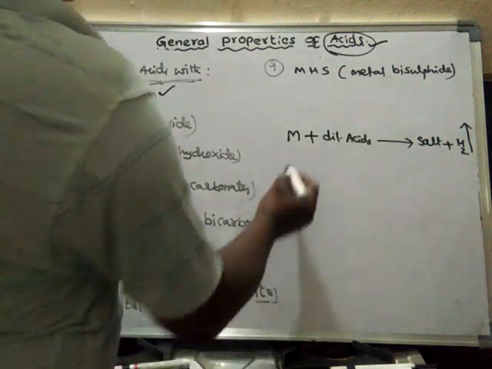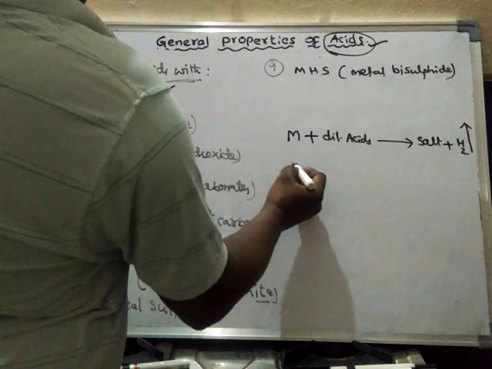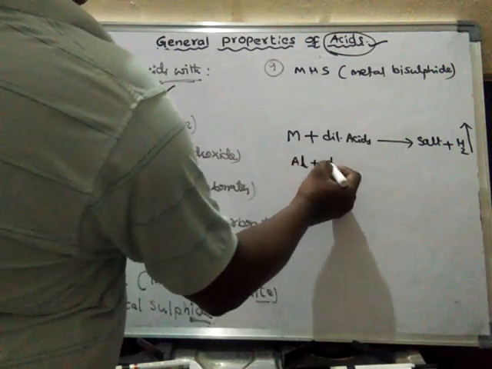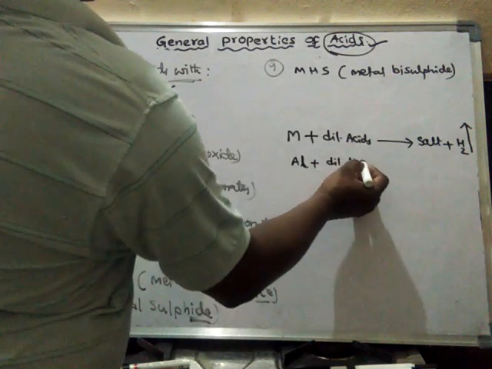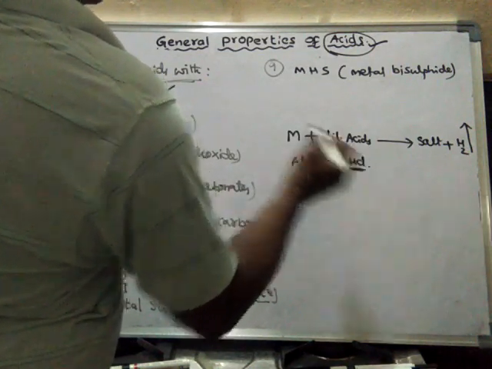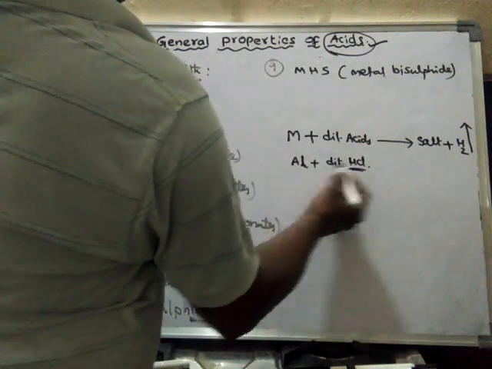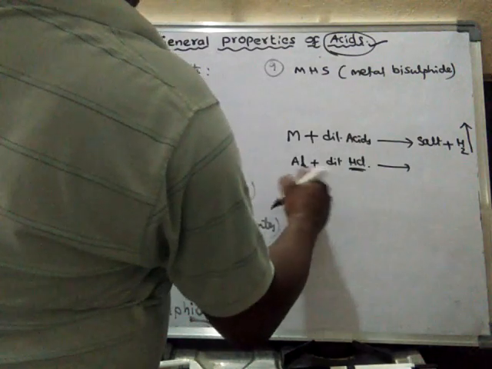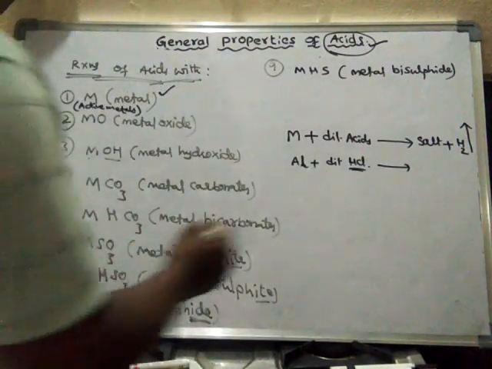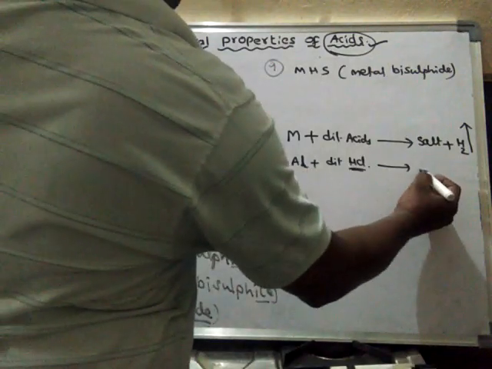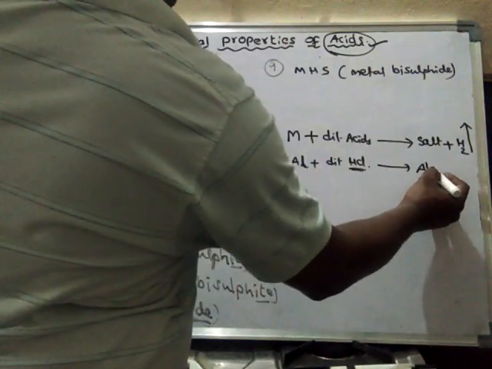For example, take aluminum metal with dilute HCl. This is an acid. So when aluminum metal reacts with dilute acid, it forms salt. What is the formula of that salt?